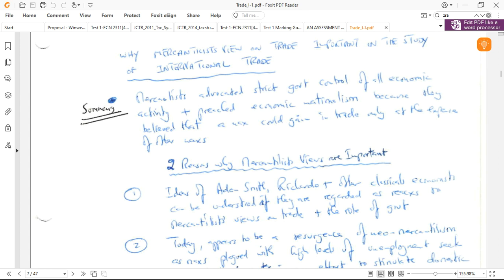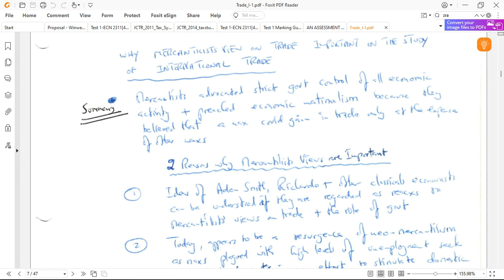For instance, David Ricardo is talking about comparative advantage, where according to him, trade is not one-sided. Trade must be mutual. So if we want to understand what David Ricardo said, we must first understand what the mercantilists said. The mercantilists say that trade is one-sided. Only one party can win at a given point in time.